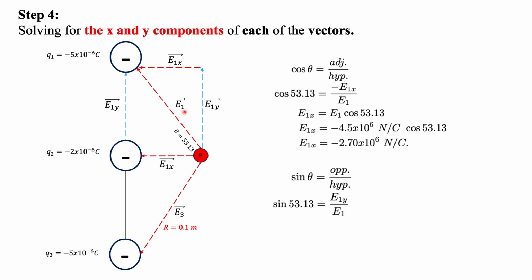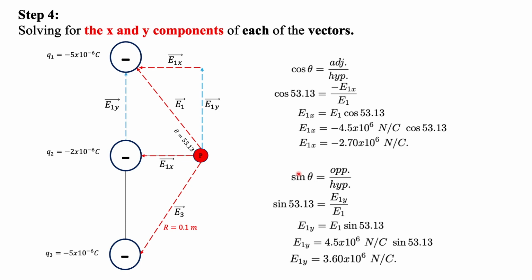So if you do a little bit of rearrangement, you get E1y is equal to the magnitude E1 sine of 53.13. So this is a matter of calculator thing. You plug in those values in your calculator, and you end up with the value of E1y to be 3.60 times 10 to the 6 newtons per coulomb.